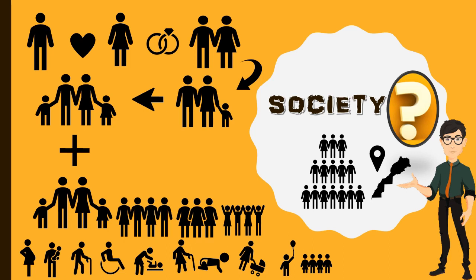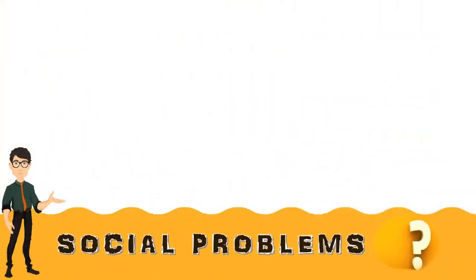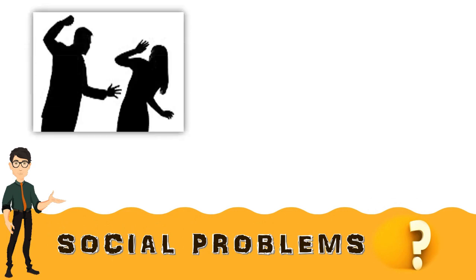What usually happens when a group of people live in one place and interact with each other is that sometimes problems occur. These problems are called social problems. Let's discover some examples. Some of the social problems that are common inside a society are family problems, just like you see in the picture, which depicts a situation of domestic violence.